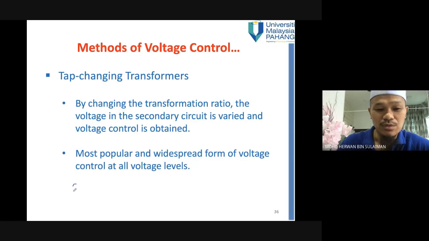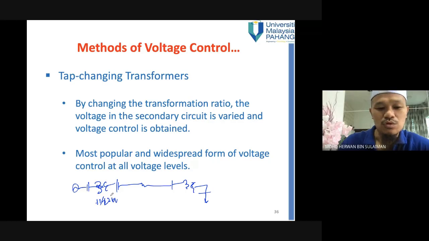Let's say we have a generator, the bus, and then the transformer with the transmission line, and then another transformer for the loads. This one is step up, like let's say 11 kV to 220 kV.